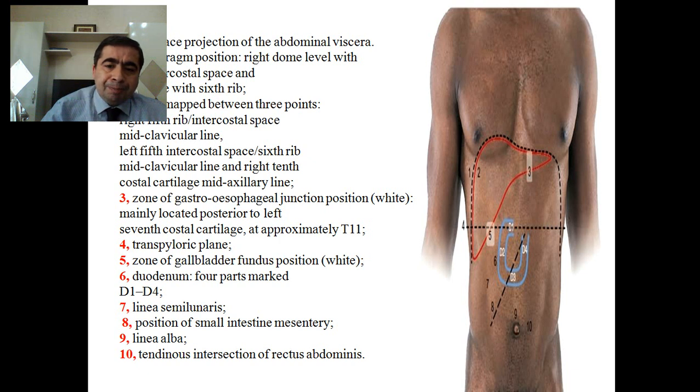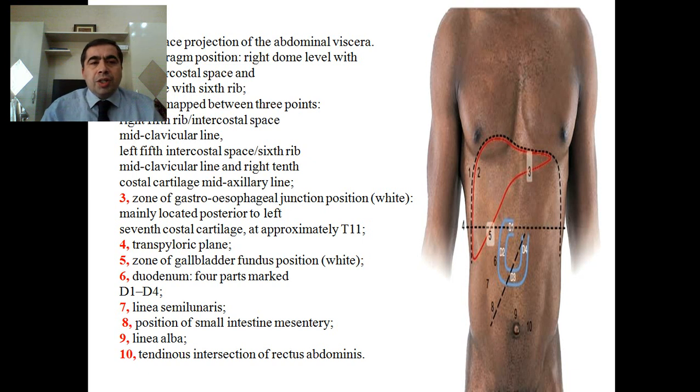There are many projection lines and landmarks of these organs, and other landmarks by which we can identify and define these organs and their projection. For example, in this picture, number one explains the diaphragm position.